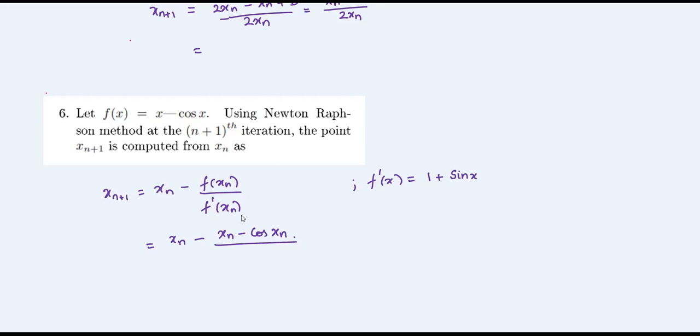So 1 plus sine xn. So we get xn plus xn sine xn minus xn plus cos xn upon 1 plus sine xn.